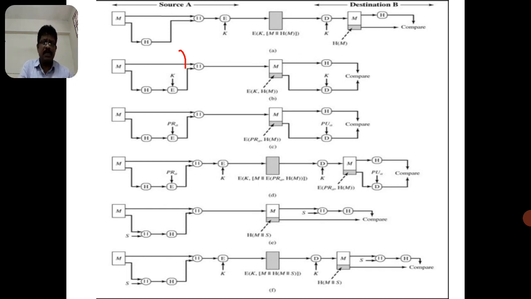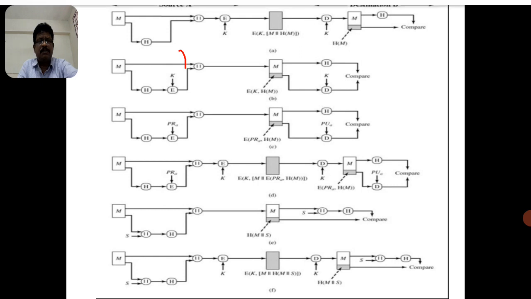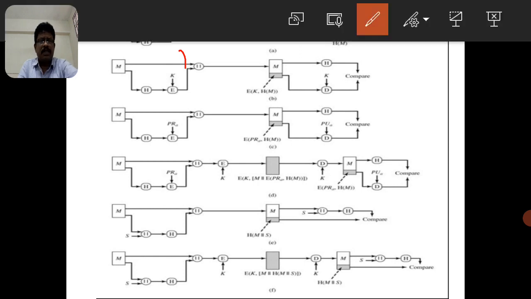So that means KRA is used here, and definitely the sender has generated the pair of keys. Suppose the recipient generates the pair of keys, he must send his public key to the sender, and the sender encrypts the data with the help of the public key of the recipient B.